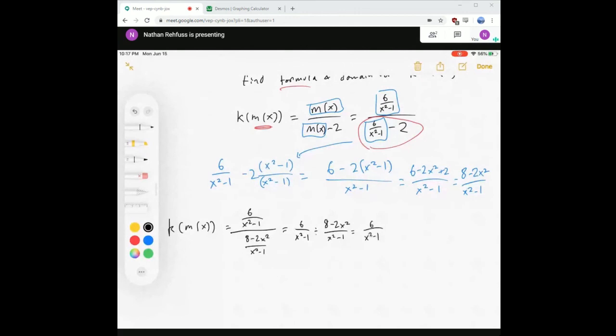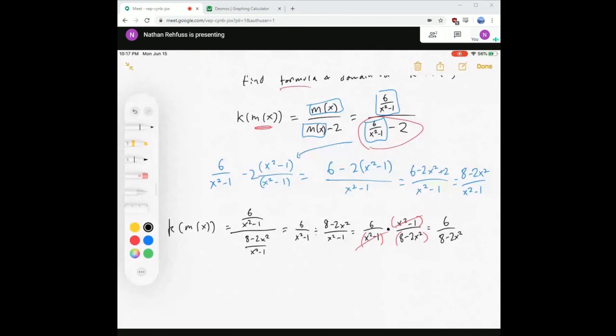The division changes to multiplication, and we flip the second. At this point, I think it's painfully obvious what cancels. It's these factors, like so. X squared minus 1 on top, x squared minus 1 on the bottom. So all we're left with is 6 over 8 minus 2x squared.